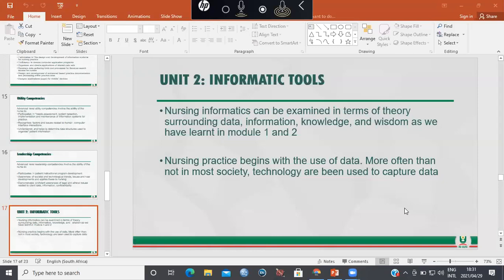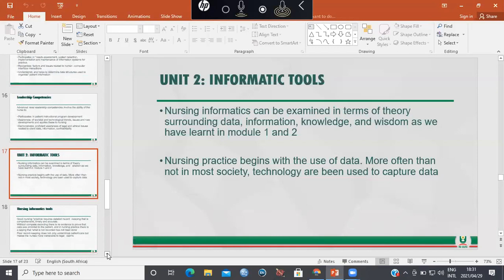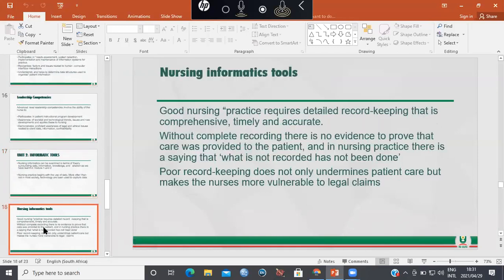And so I'm just going to highlight some points. I said nursing practice begins with the use of data that we are familiar with. More often than not, in most societies, technology is being used to capture data. You all agree with me that we are in an era of technology, and almost all of us use technology. Even in the hospitals, technologies are being used to capture patient information for record purposes.